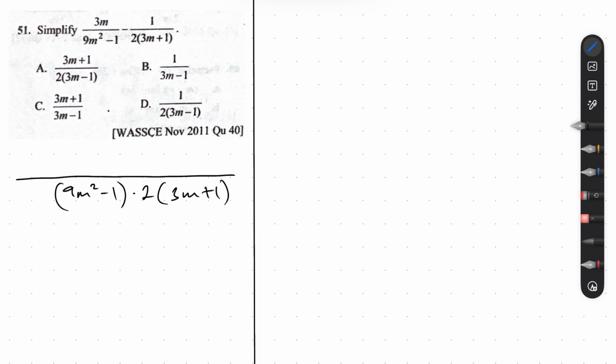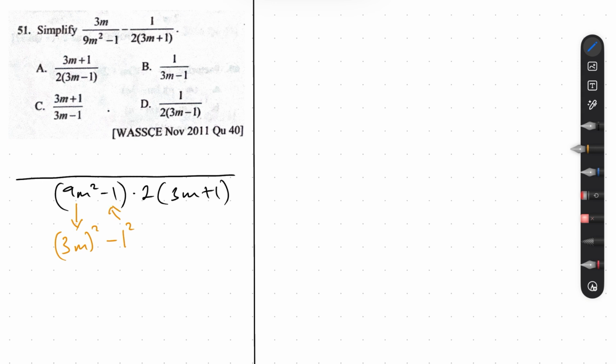Now before we move on, I want to show you something. This right here is looking like something, right? It's looking like a difference of 2 squares, okay? Because this here can be rewritten as 3m squared minus, and in here we can write it as 1 squared, because 1 squared is the same as 1.